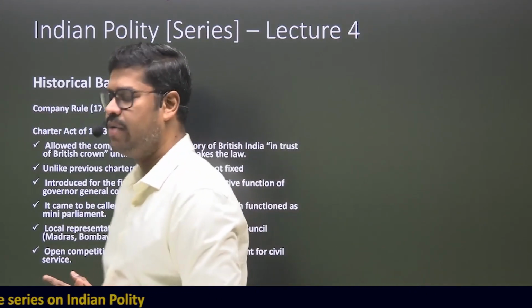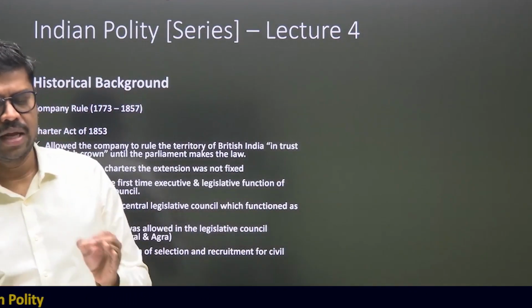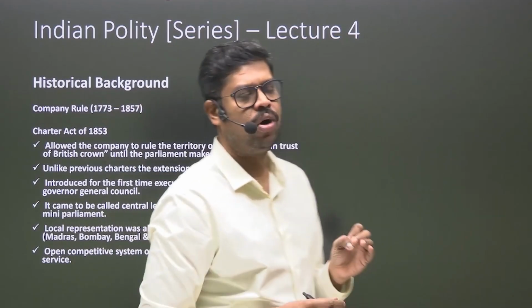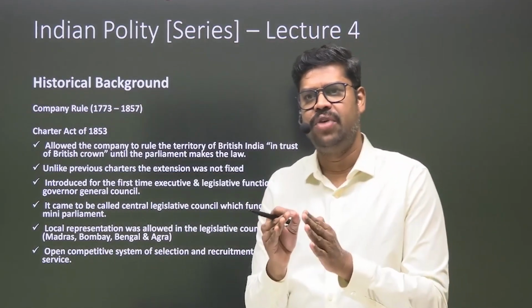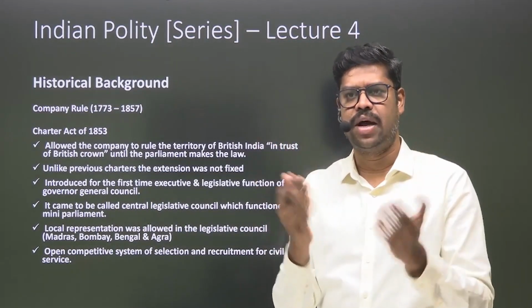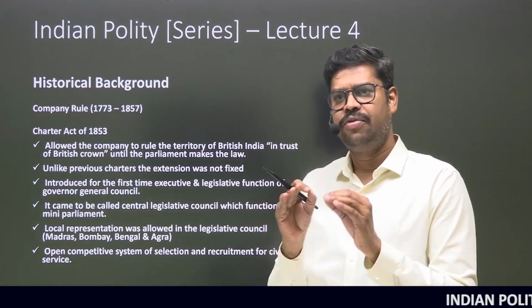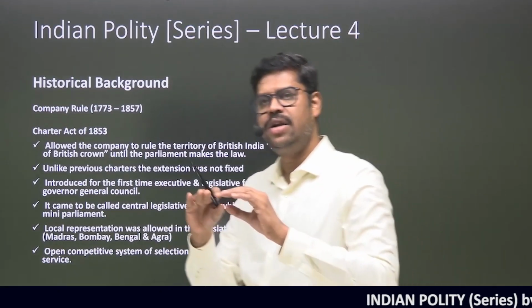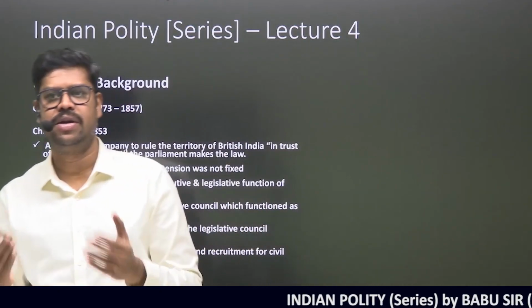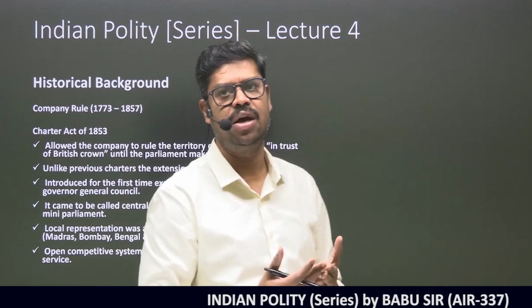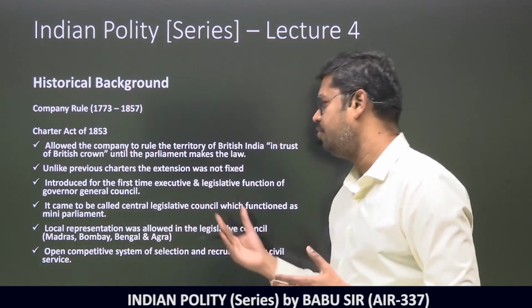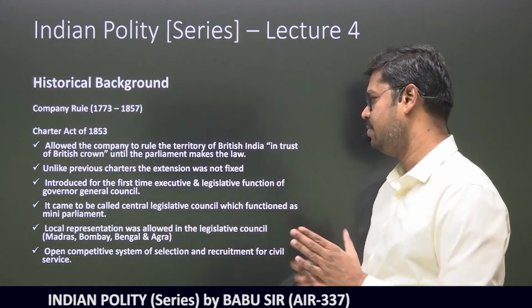Thereby we can also say the Charter Act of 1853 was in some way the genesis of the rudimentary parliamentary system that we have today. So if any question comes, when did the rudimentary parliamentary system start during British India? It was by the Charter Act of 1853. You can just keep this in your mind.